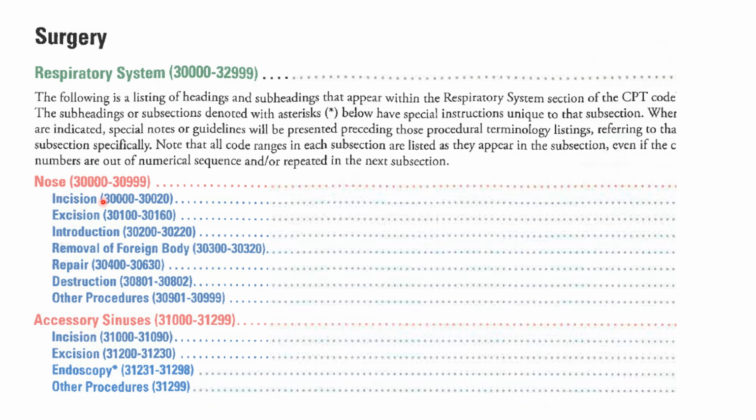There is a color coding for the heading, and the subheadings are pretty much the same for all the organs. You must study this carefully so that it will help you to navigate that particular section easily.